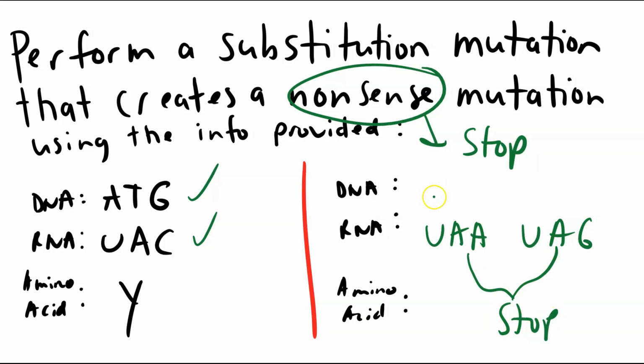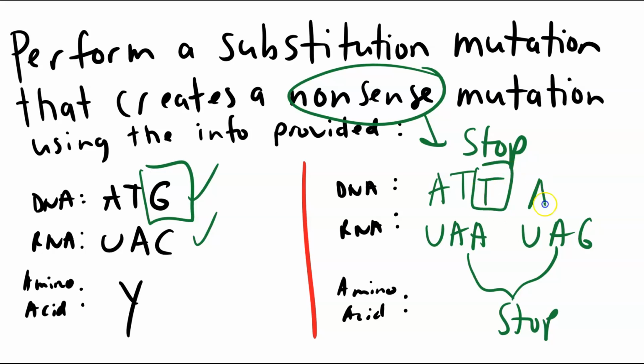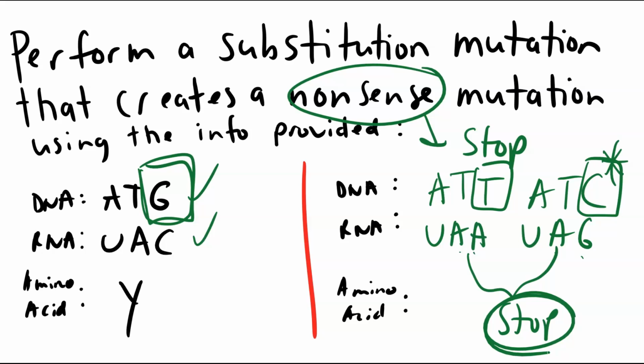So the DNA that would give you that is ATT. So I've changed this G to a T here, or ATC. Again, I change that G over here into a C, and that transcribes into UAA and UAG, which both give you stops. So the protein would stop being produced at that point.